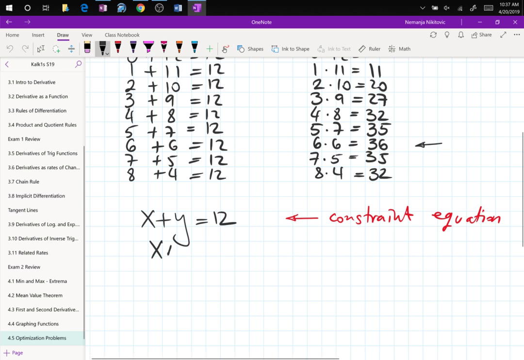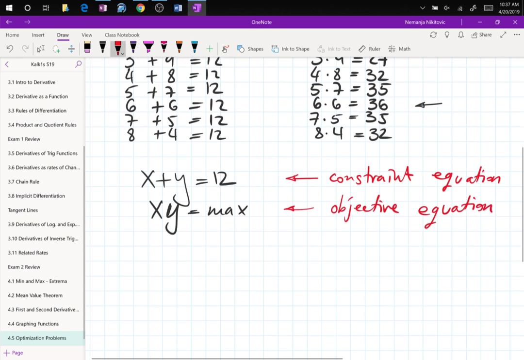And then x times y needs to be max. Well, this is our objective because we are trying to find the maximum value, right? So we have an objective equation and we have a constraint.